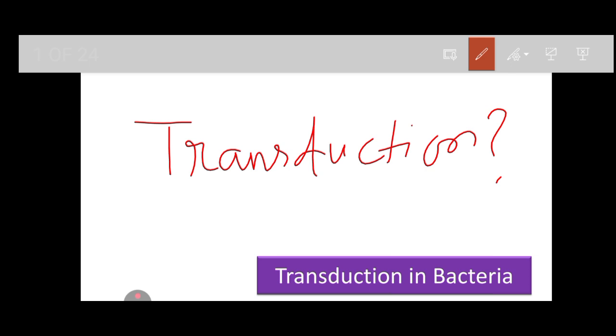In both cases, you might have studied how new genetic traits are spread among the bacterial population through mechanisms like conjugation and transformation.